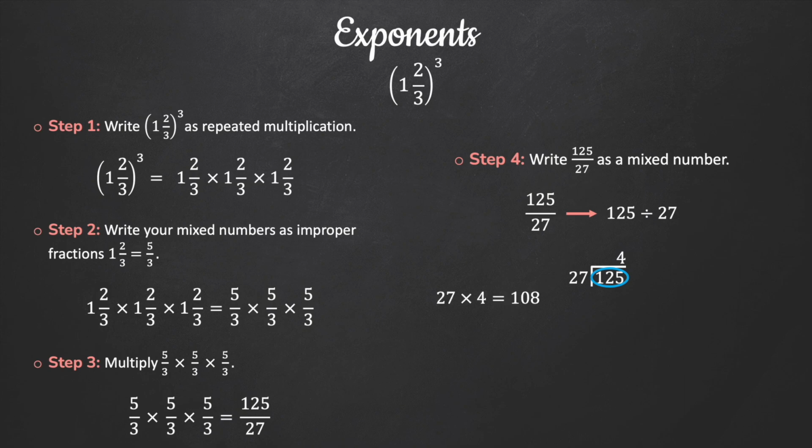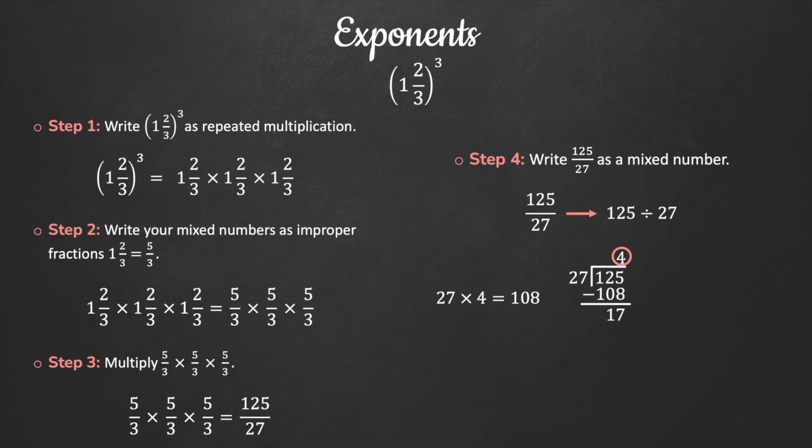And that's because 27 times 4 is equal to 108. So we're going to take the 125 and subtract it by 108. And 125 minus 108 is equal to 17. So we have a remainder of 17.